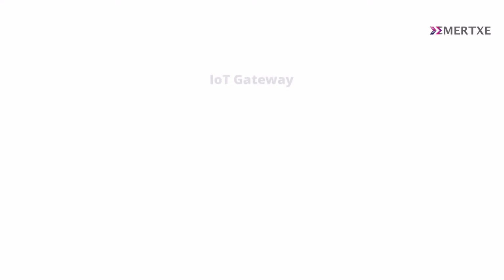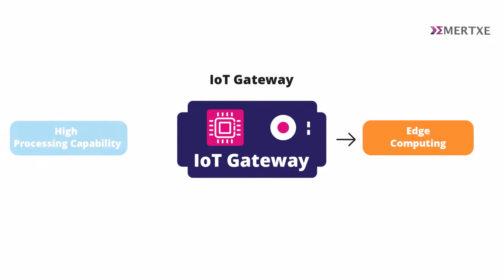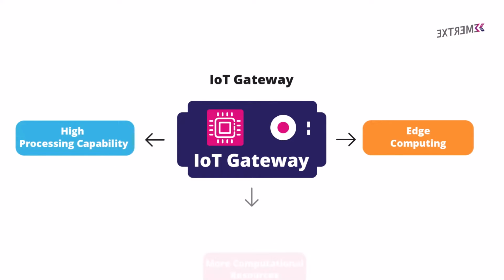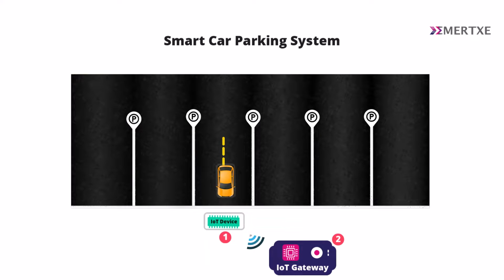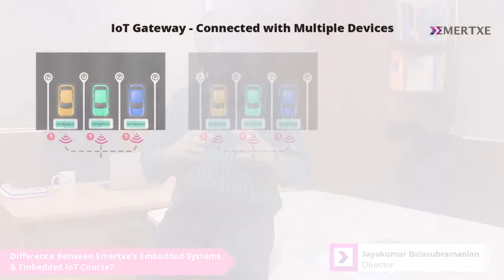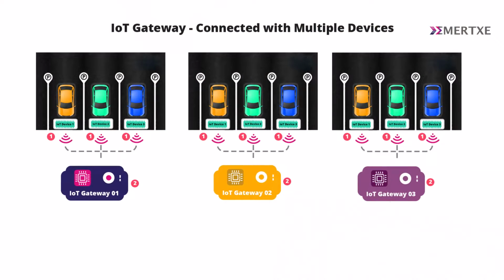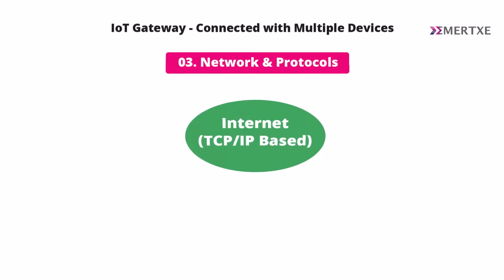The IoT Gateway is nothing but a computing device or an embedded system which has more computational resources. At a particular point in time, a single IoT gateway will be connected to multiple IoT devices. Now, the IoT gateway will further communicate the data with the IoT Cloud Platform using the TCP/IP based Internet.